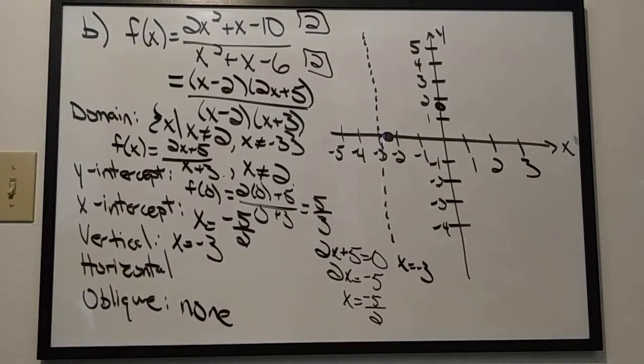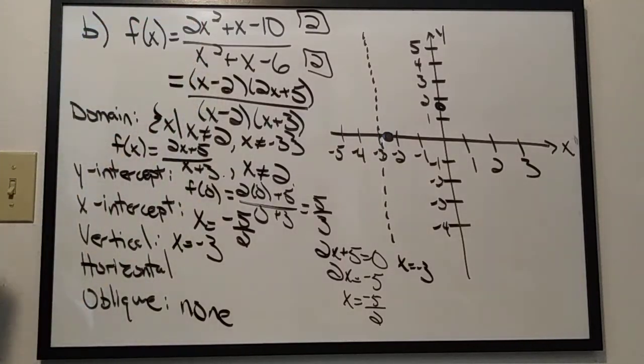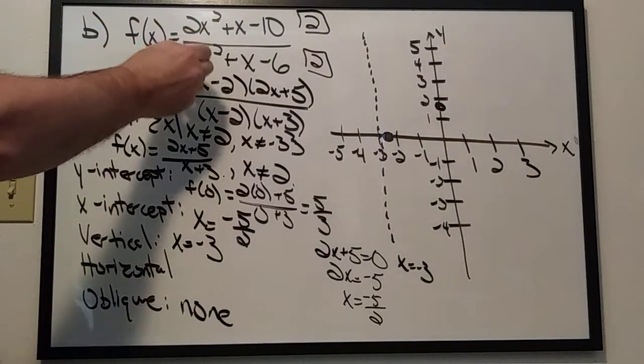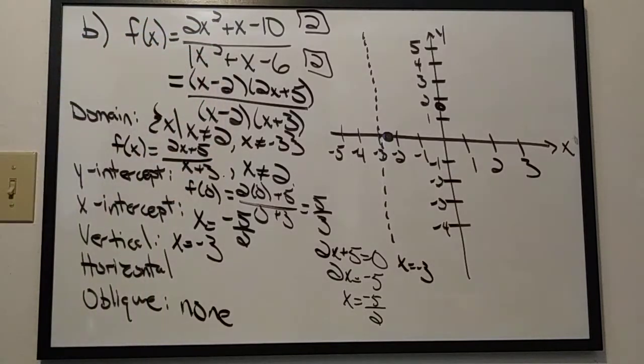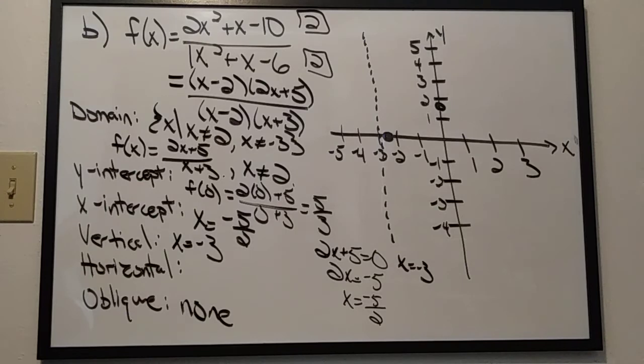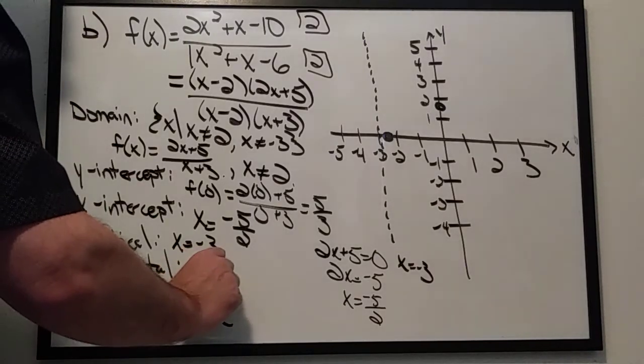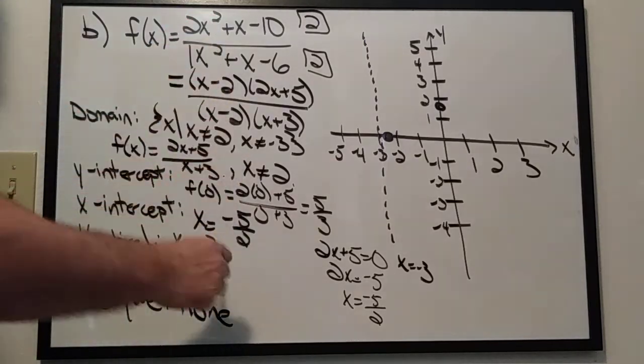And in order to find the equation for my horizontal asymptote, it's going to be the ratio of the leading coefficients. So we have a 2 here, we have a 1 here. 2 divided by 1 is going to be 2. So one more time though, remember that the author will always request you to write it as an equation. So our horizontal asymptote is going to be y equals 2 over 1, but that's just 2.